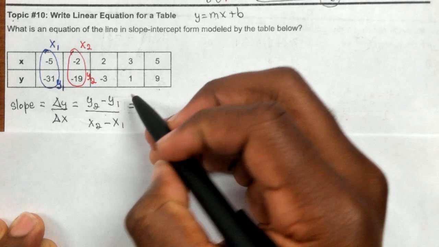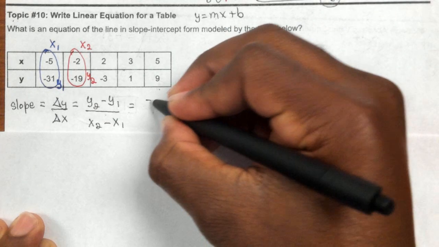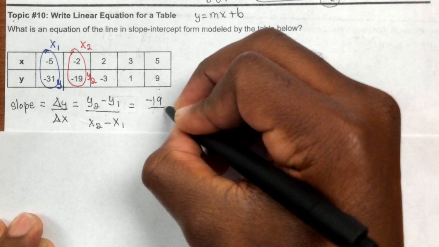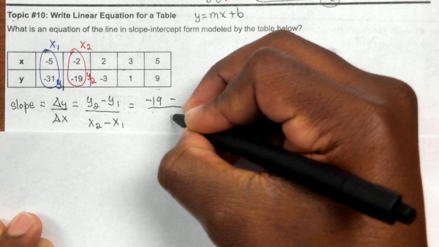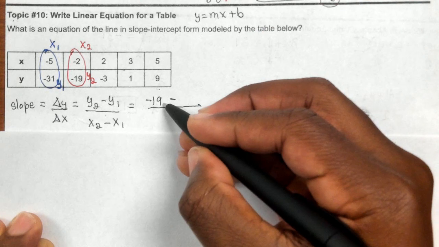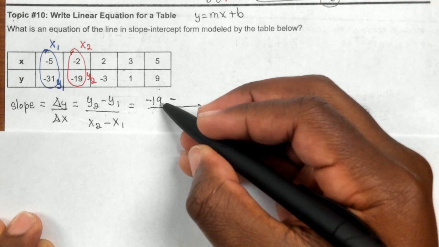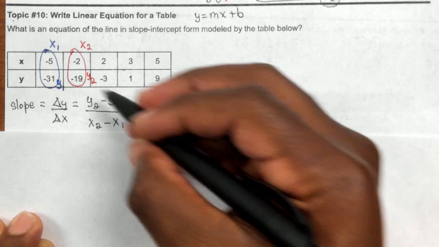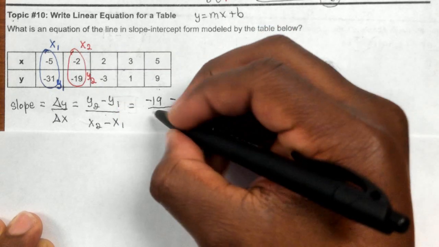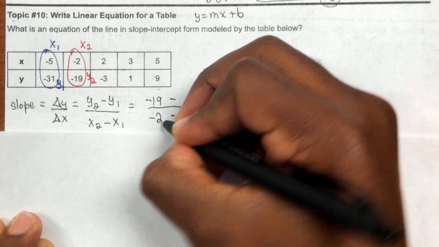So I'm going to replace my y2 with negative 19, and then underneath it I'm going to plug in the x that goes with it. What x value goes with negative 19? Negative 2. So I put it underneath.